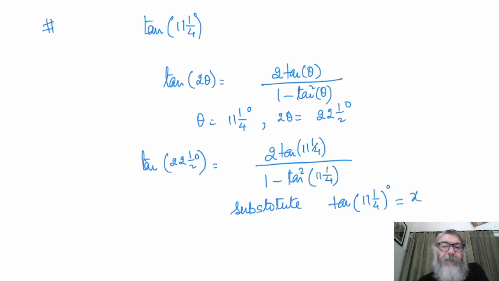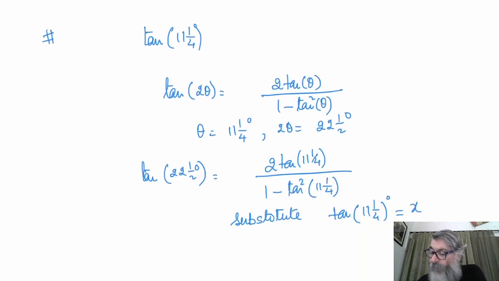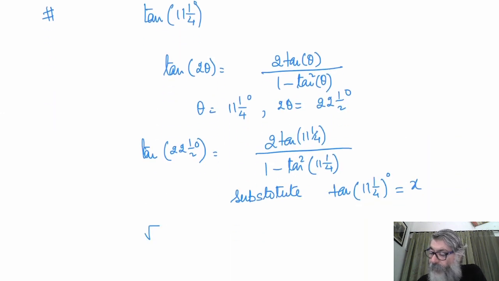In place of that I will simply write x. And tan 22.5 value I've just calculated is root 2 minus 1. So I'll write this as root 2 minus 1 is equal to 2x upon 1 minus x square. It becomes a simpler equation.